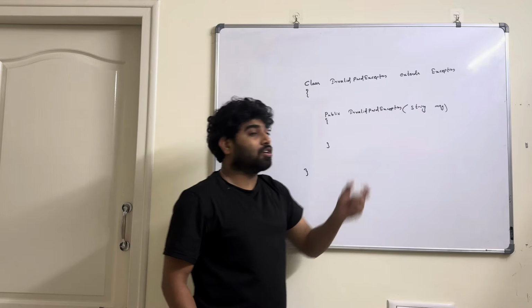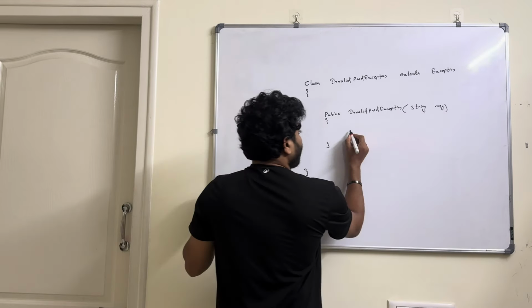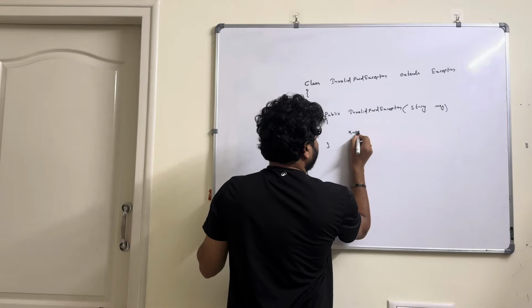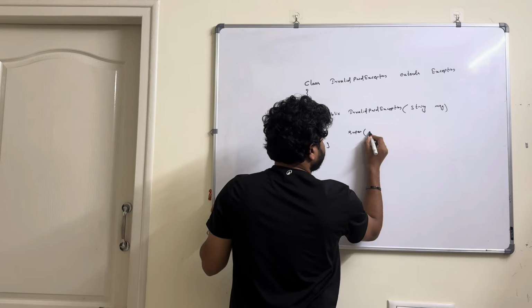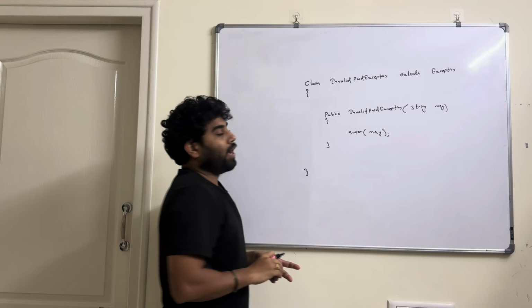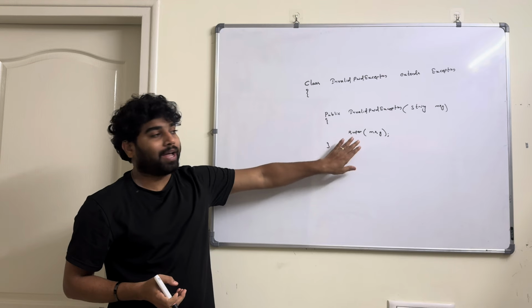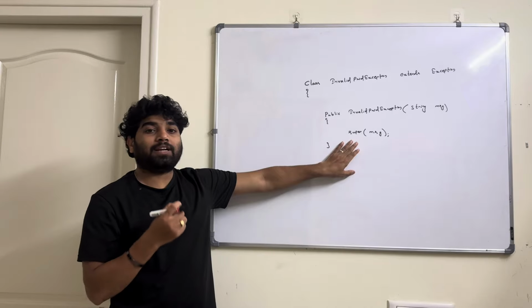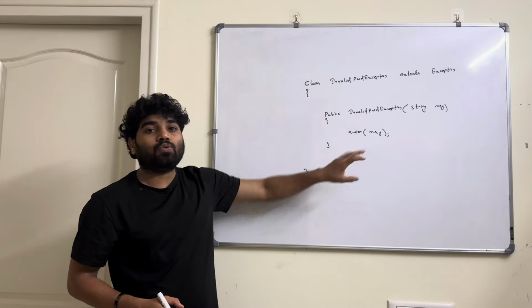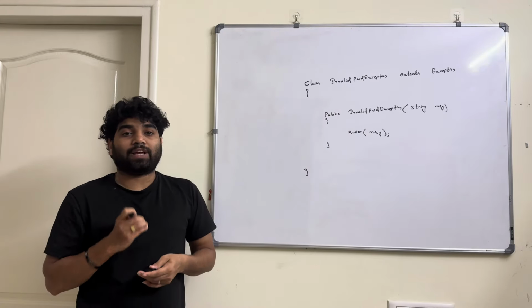In this constructor, we need to call super and pass this message, the error message or exception message. Why we need to write the constructor and why I am calling super, I will explain later, but this is how we need to create our own custom exception class.